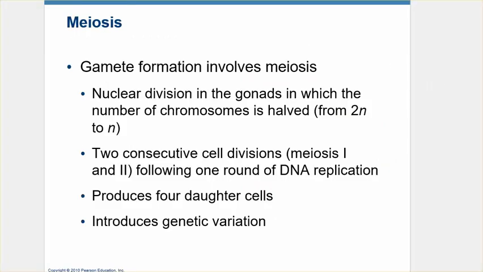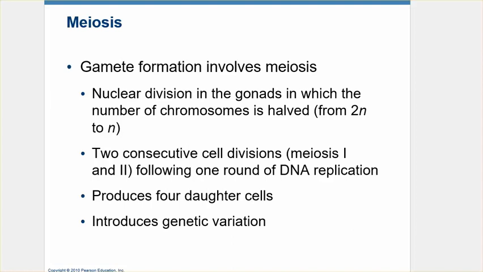Okay. A quick look at meiosis. In meiosis, we want the number of chromosomes to halve from 46, which is 2n, to 23, which is the number of pairs. And in meiosis, there are two rounds of cell division, meiosis 1 and meiosis 2.